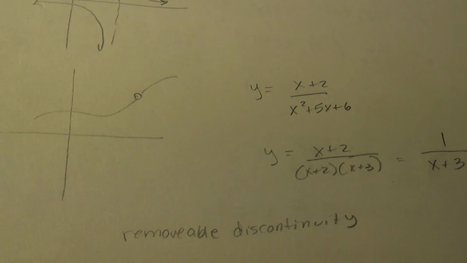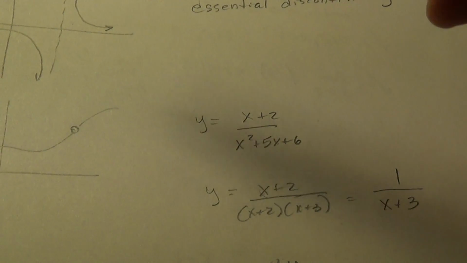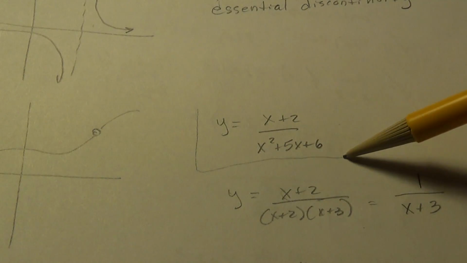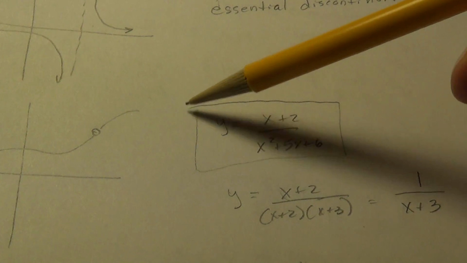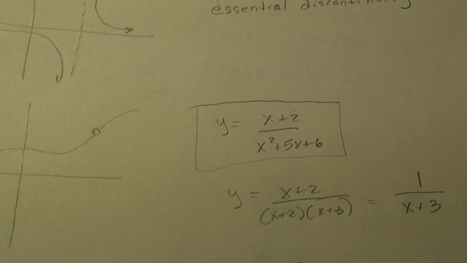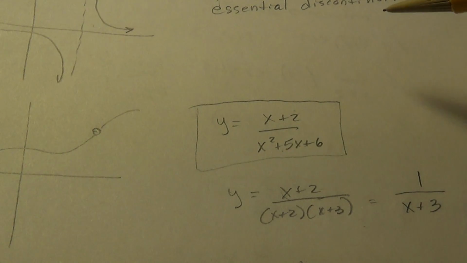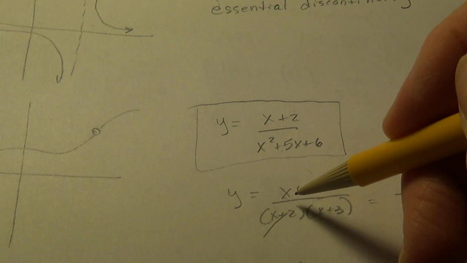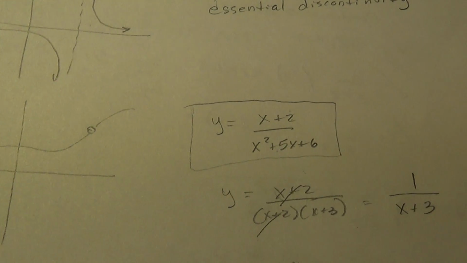And the reason it's called a removable discontinuity is, say we have a function, this is called a rational function. Because it's a ratio, we have an expression in a numerator and a denominator, so it's called a rational expression. We can factor the bottom, and notice that this factor repeats in the top and the bottom.